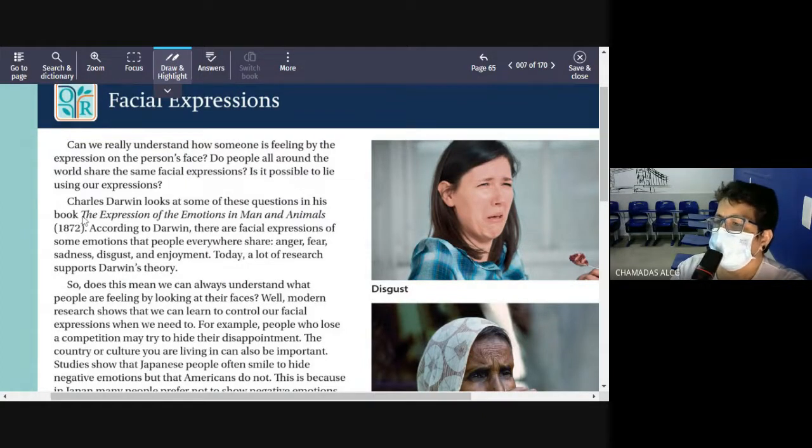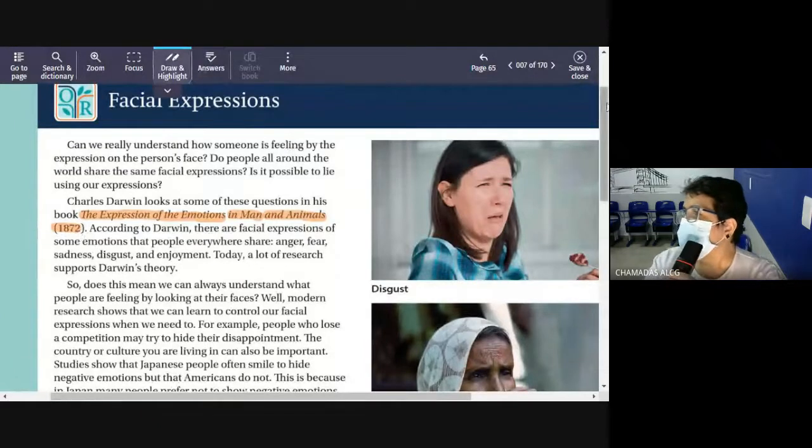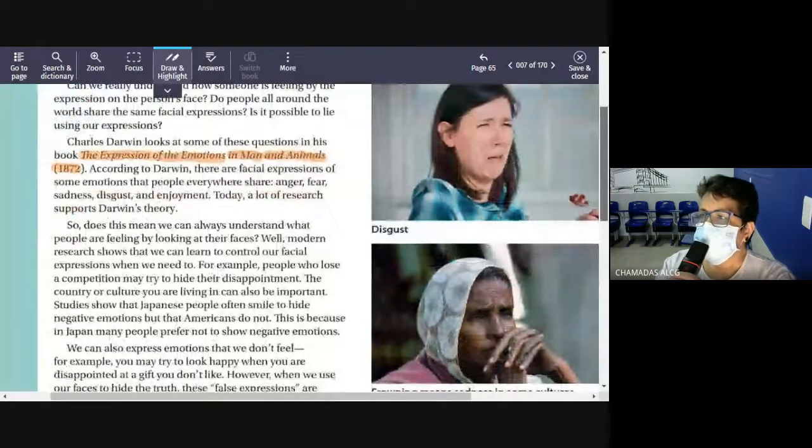Right here, look, The Expression of the Emotions in Man and Animals. That's the name of the book from 1872. Okay? All right. That's the answer to question number 1.